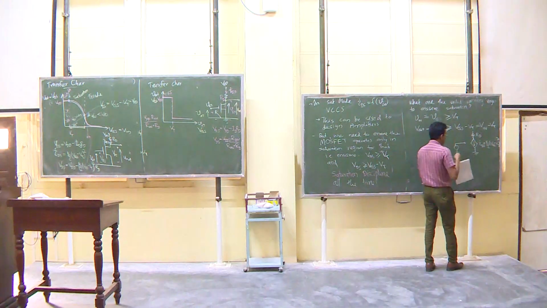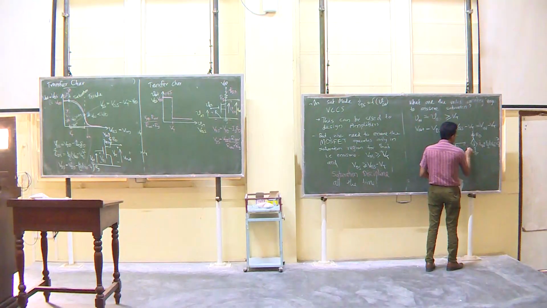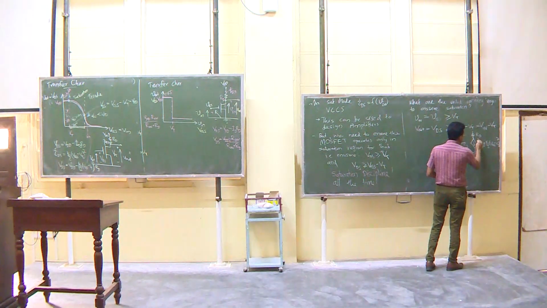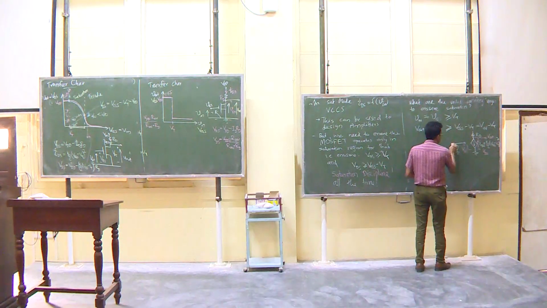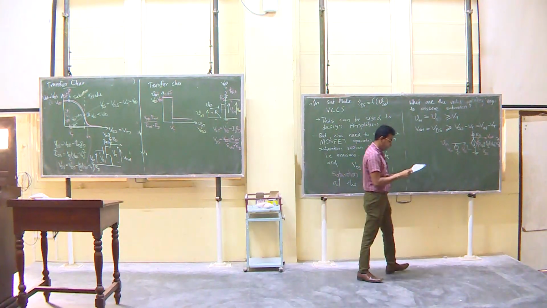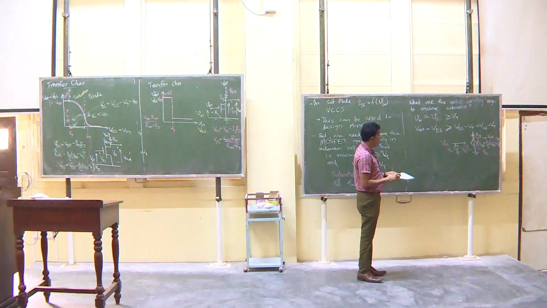So, you have VGS, VDS the output voltage, this is V in, V in is that, which is equal to VGS, output is like that, right.